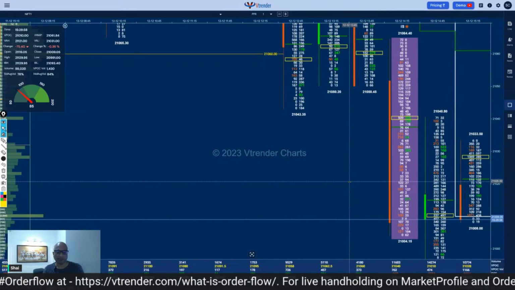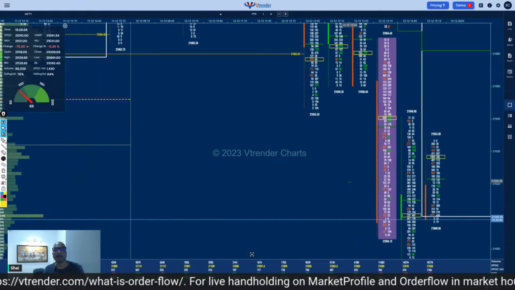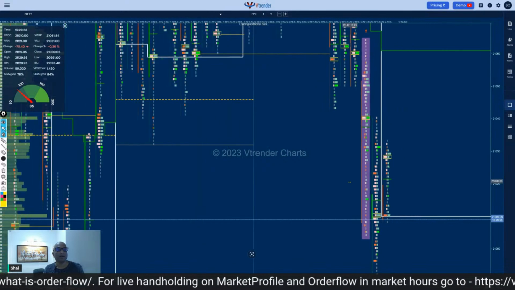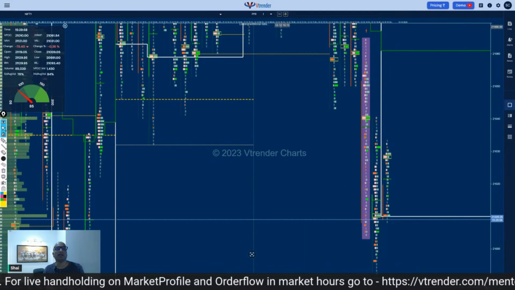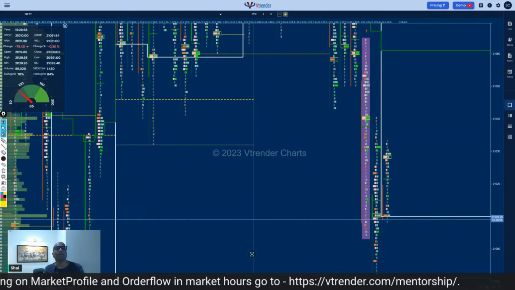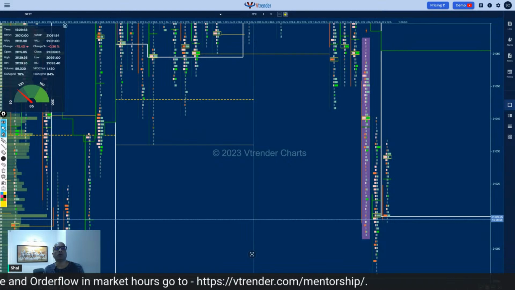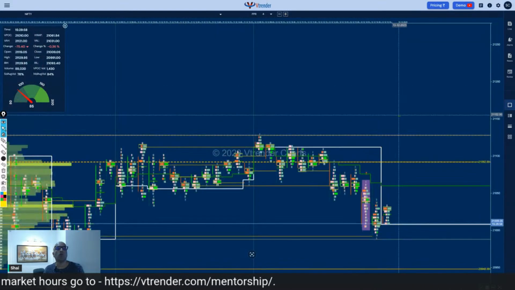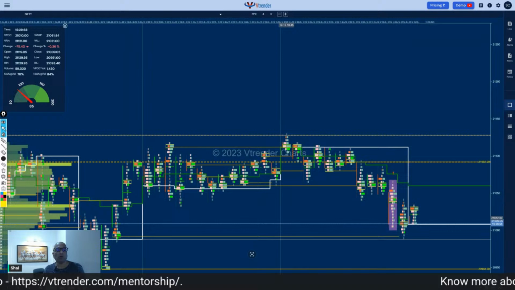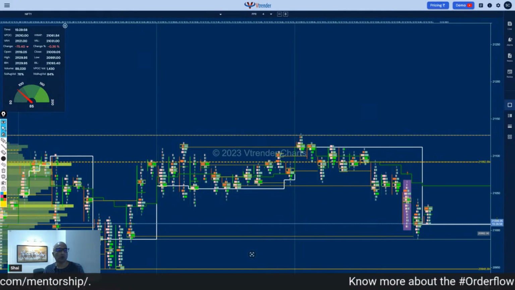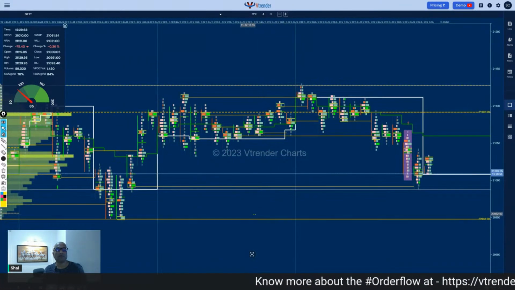Now what really happens is when you track the market this way, in terms of initiative buyers and initiative sellers, you get a bigger understanding about what the market wants to do over a period of time. So I'll just zoom out and show you what has happened in an order flow chart today.